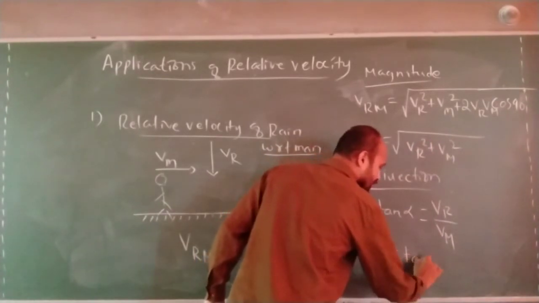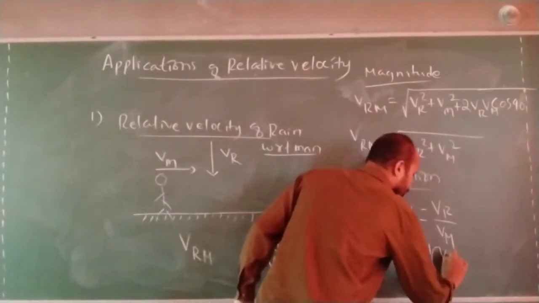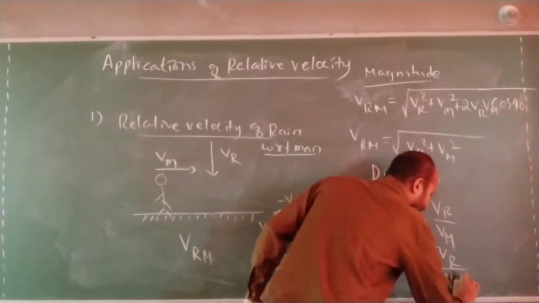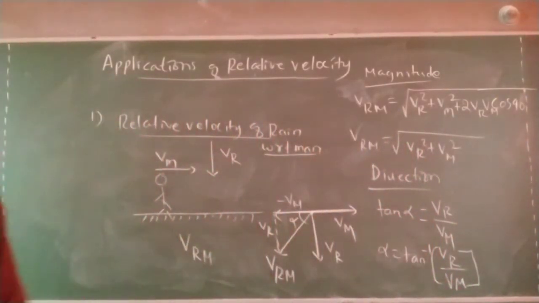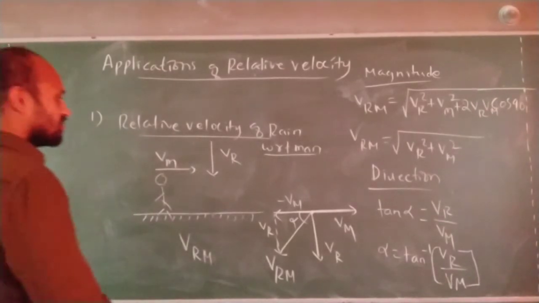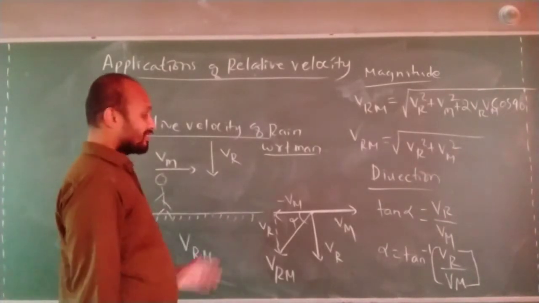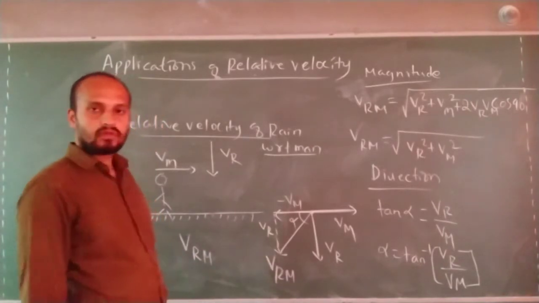Alpha is equal to tan inverse of Vr divided by Vm. Are you understanding? This is the formula for direction. Got it?